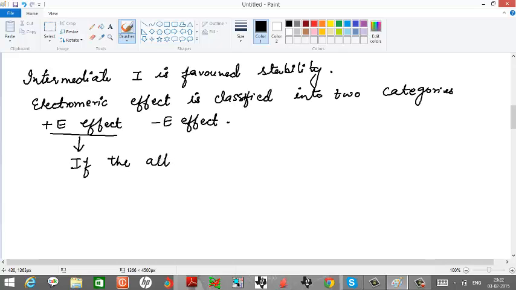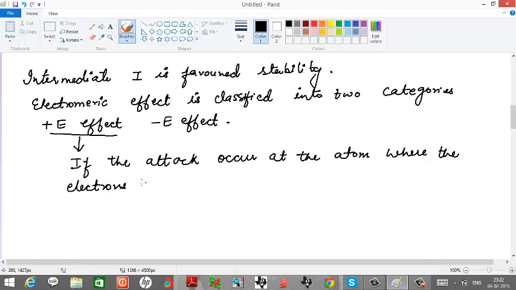If the attack occurs at the atom where the electrons move, then that effect is known as plus E effect.